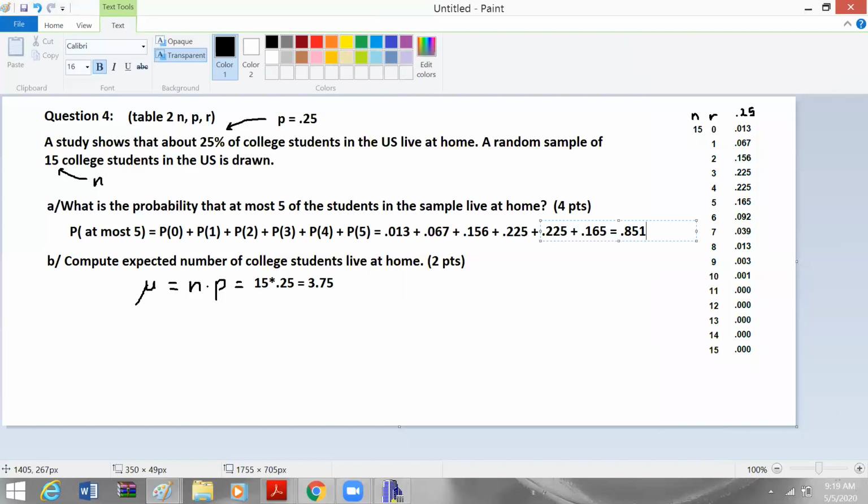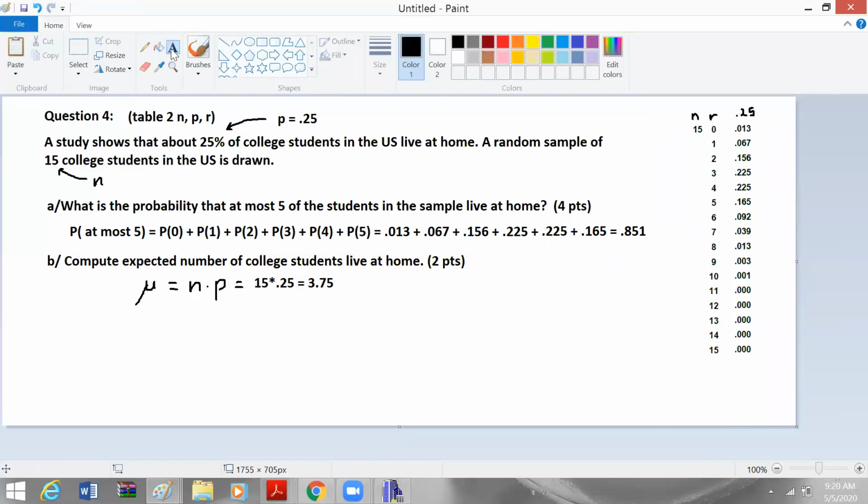Correct? So you have to count 0. So we're going to have 6 numbers. At most 5, you have 6. You add from 0 to 5. So I apologize. I didn't see. So the 3 and 4 basically have the same probability. So 0, 1, 2, 3, 4, 5, right? So add them. So for part C, this question is going to give us 3 points.